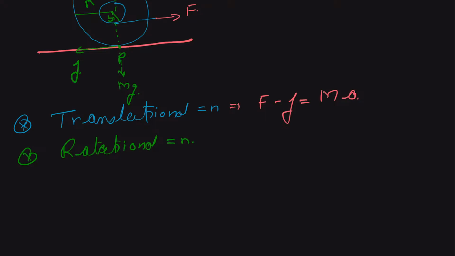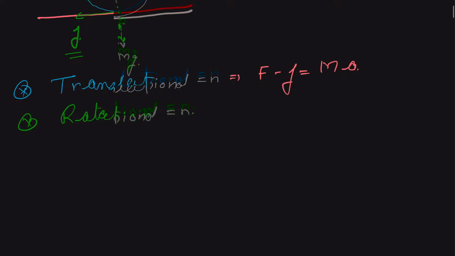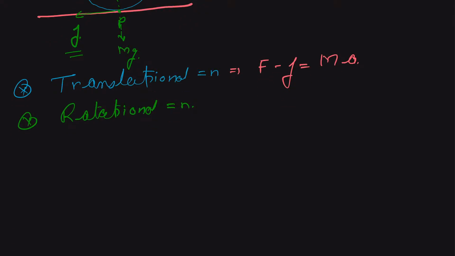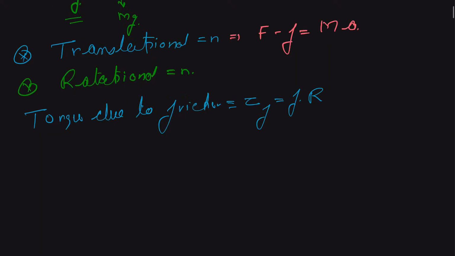For the rotational equation, we have two forces: one is the applied force F and another one is the frictional force f. So we are going to have two torques. First will be the torque due to the friction. Let us call this tau f, and that will equal the frictional force multiplied by the radius r.